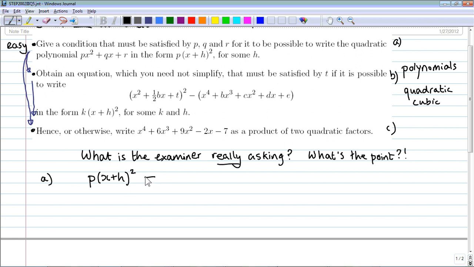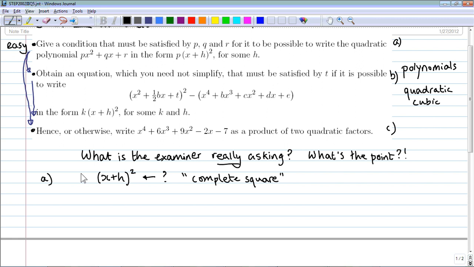What does this form mean? What is this? Okay, you should understand that this is a complete square. So a complete square is often a very useful structure because it has the quality that it's positive. Careful. This is not really a complete square, is it? Because it's multiplied by p, and p does not have to be positive.